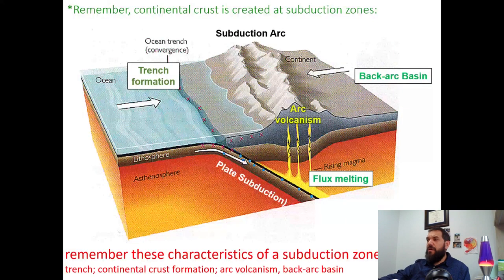Okay, so remember that at a subduction zone, you might remember how this goes from the plate tectonics lecture. You have all that water seeped into the ocean crust. It's like a sponge. Rocks are like a sponge. They soak up the water.